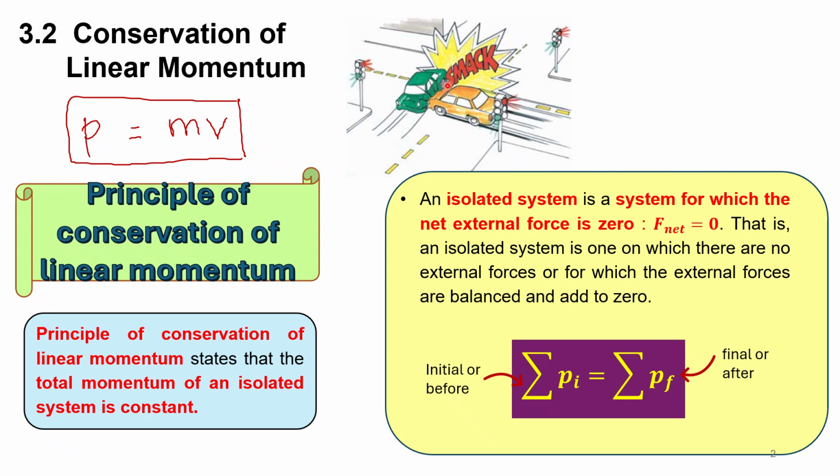It means that even though forces act on these two, the forces are balanced, or when we add up all the forces acting on these two cars, the sum becomes 0. That's what is meant by an isolated system: net external force is 0, or no external force.